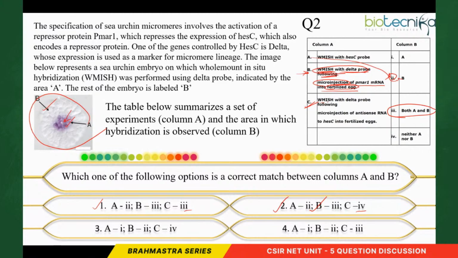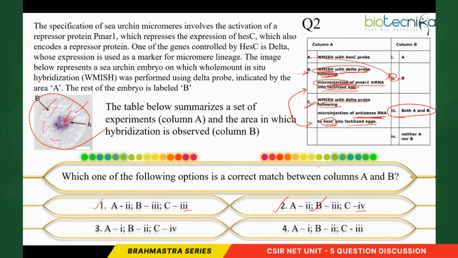So again hybridization with delta probe, but now you have used an antisense of HESC in fertilized eggs. Antisense of HESC means it is the same experiment as this one, because even if HESC is present in some cells, that is the vegetal cells, it will not be able to be expressed.